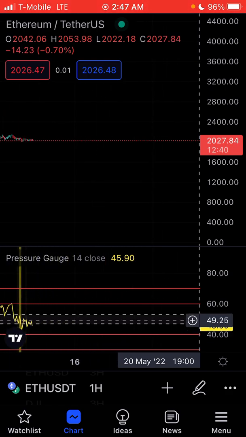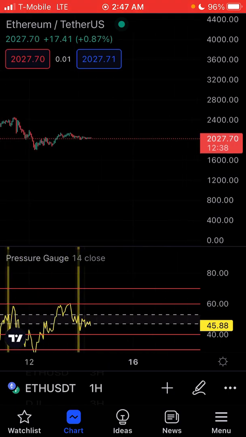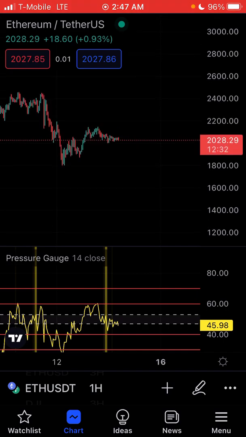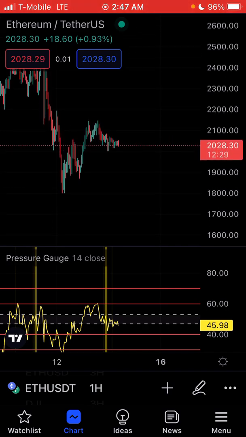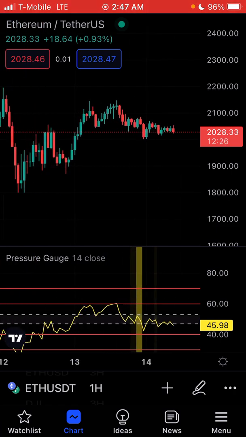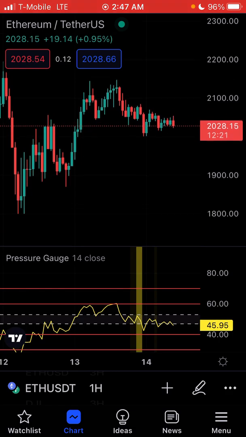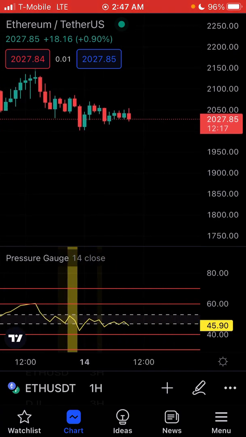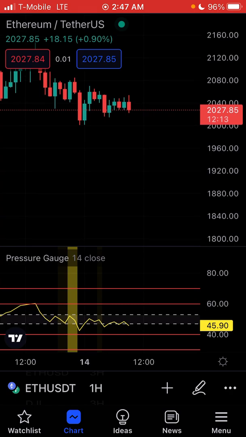Okay, so you can see these little yellow pressure bars. And what usually happens when you see the pressure bar appear, it usually means there's going to be a strong turn up or a strong turn down. It's an easy way to find out if something's going to go up or something's going to go down.